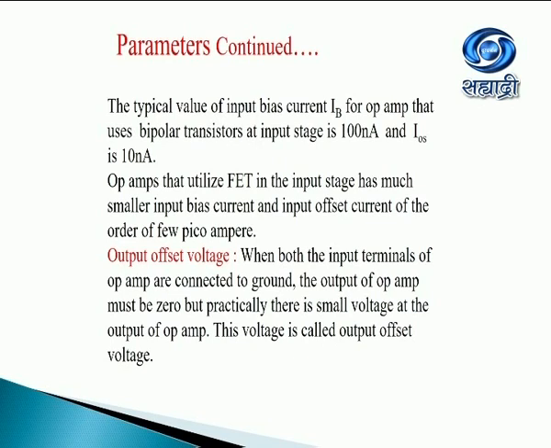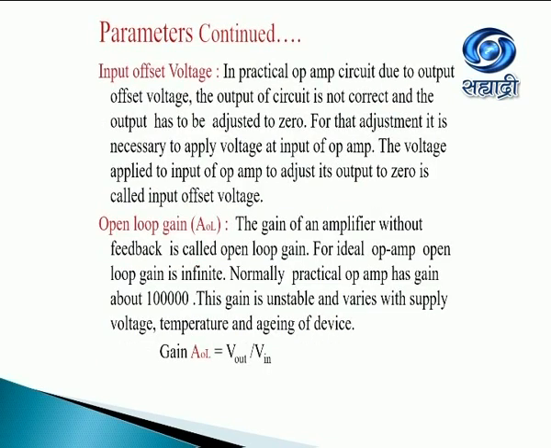Output offset voltage. When both the input terminals of the op-amp are connected to ground, the output of the op-amp must be 0. But practically, there is a small voltage at the output of the op-amp. This voltage is called output offset voltage. Input offset voltage.